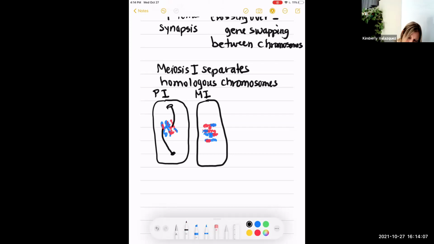And then at Anaphase One, the sister chromatids are staying intact, but that whole homologous chromosome is going to get pulled to the opposite end, fully intact, like this.